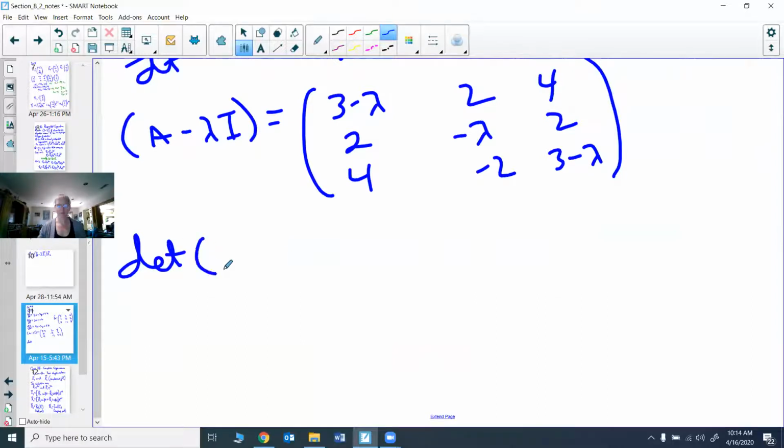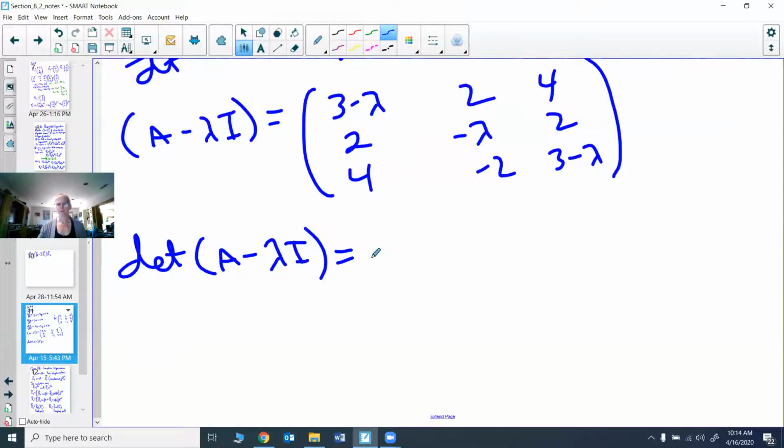You can find this determinant by using your calculator. It's fine to do that. I don't know why I put a 2 there. It should be lambda. So you can use your calculator to do this and find out what that is. So it is, again, go to matrix, go to determinant, then go to matrix and put in a 3 by 3, and then type this in.